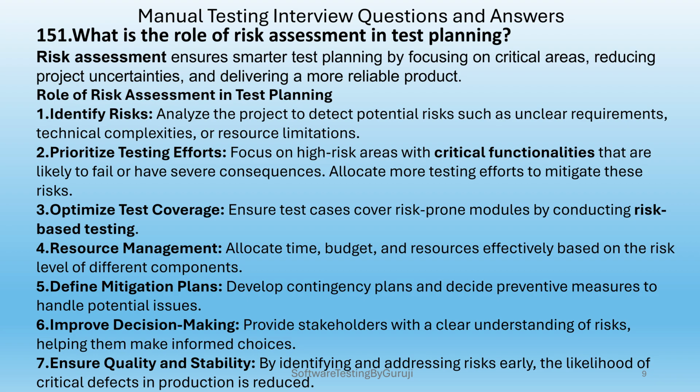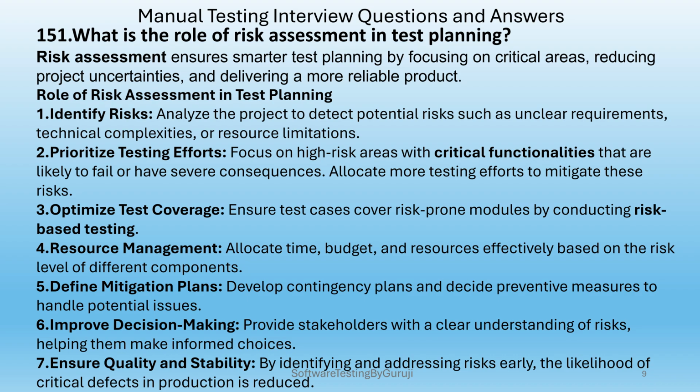Third, optimize test coverage. Ensure test cases cover risk-prone modules by conducting risk-based testing. Fourth, resource management. Allocate time, budget, and resources effectively based on the risk level of different components. Fifth, define mitigation plan. Develop contingency plans and decide prevention measures to handle potential issues.